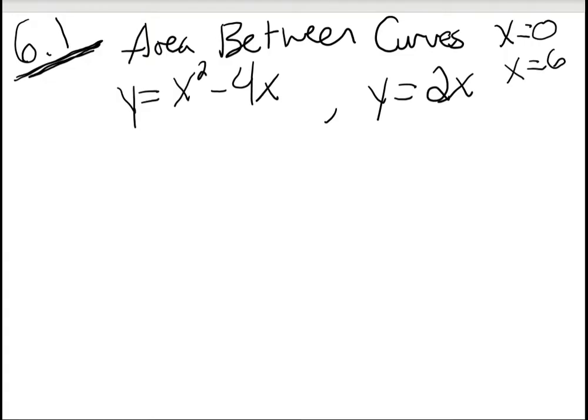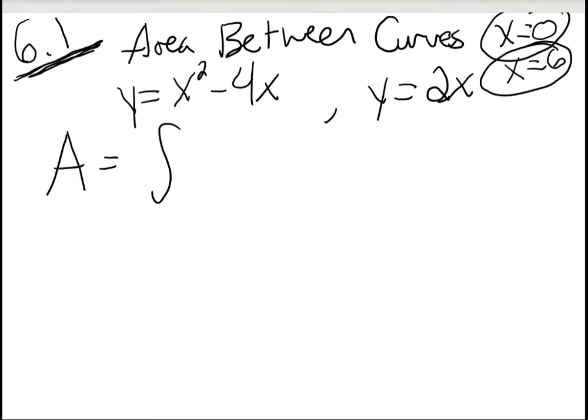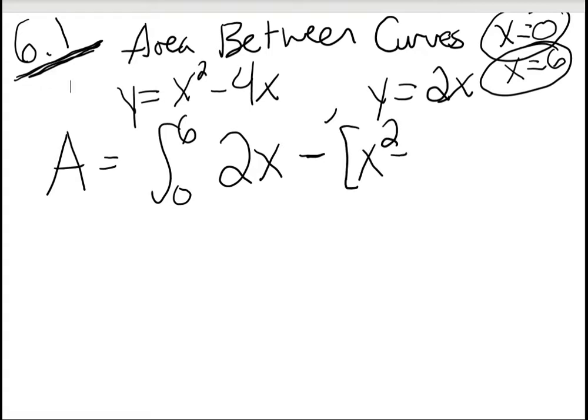What does that translate to? Well, back here, remember our area is the integral, and we have 0 to 6 of the one on the top, so that was 2x, minus the one on the bottom, x squared minus 4x. And we just have to integrate this thing.